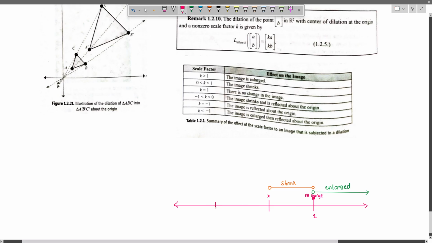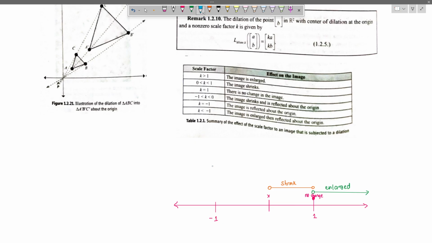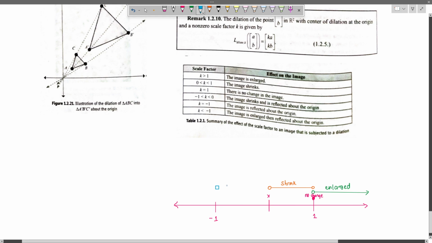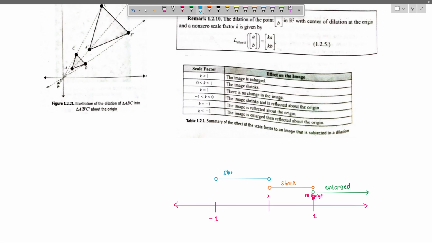So let's have it here, -1. And then -1, that means it's just reflected.